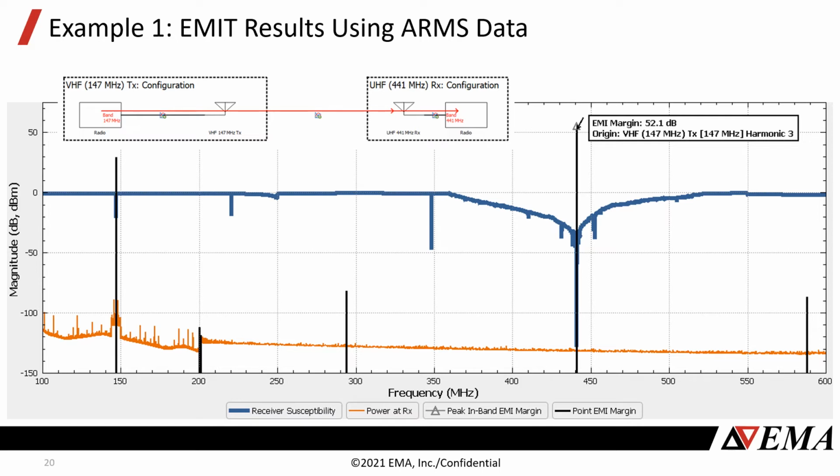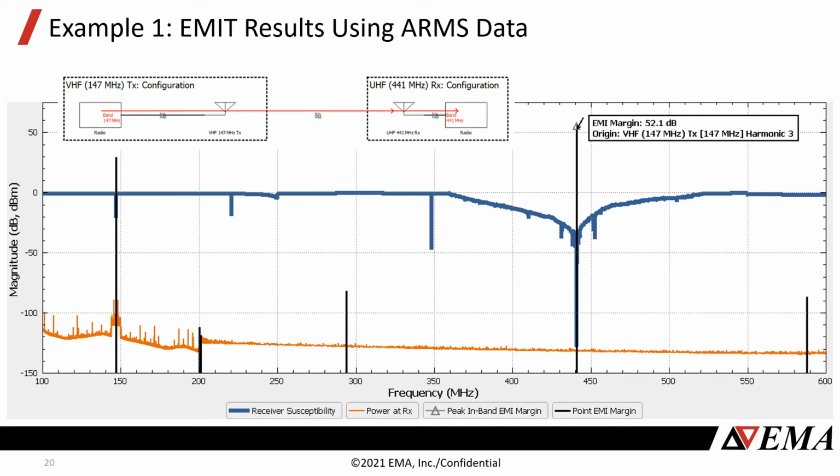So anytime that EMI margin is positive, that means the interfering signal has exceeded the susceptibility of the receiver at that frequency. So we see two cases here where the EMI margin is positive. The first one is due to the third harmonic of the 147 megahertz transmitter.